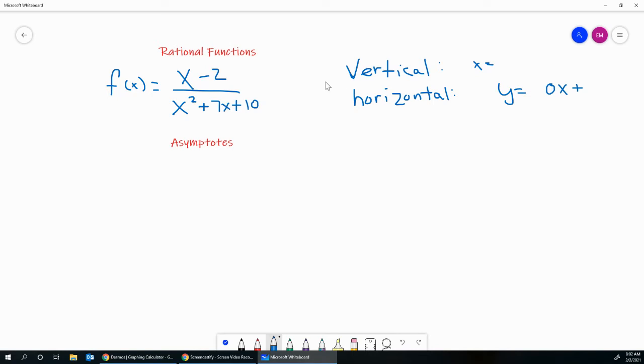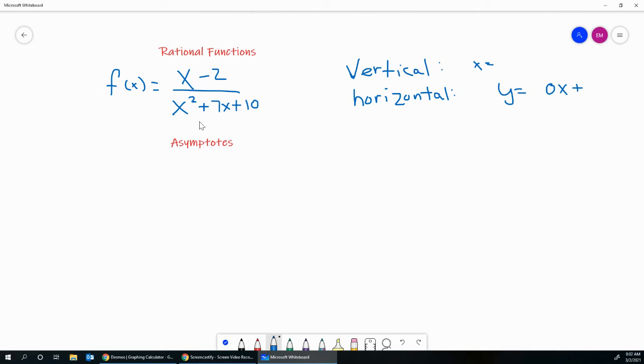Okay, first thing we're going to do is look for vertical asymptotes. They're the easiest ones to find. So how do you find a vertical asymptote? Well, the first thing we have to do is factor the denominator. Vertical asymptotes are defined as the x values in the denominator that would potentially make the denominator go to 0.